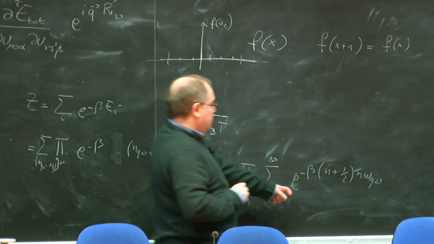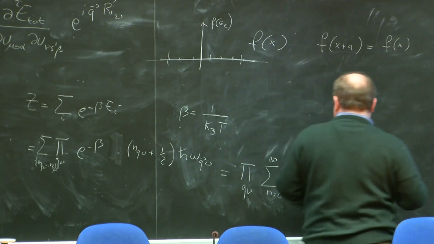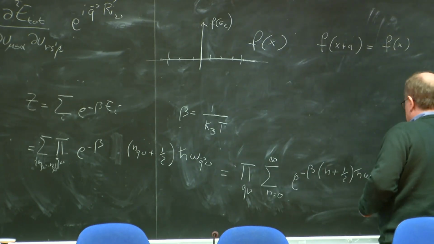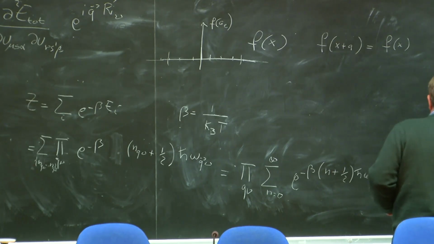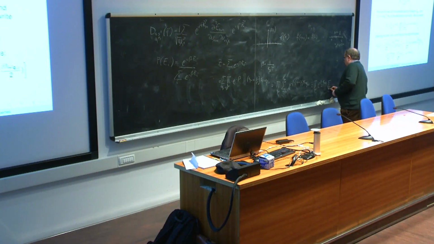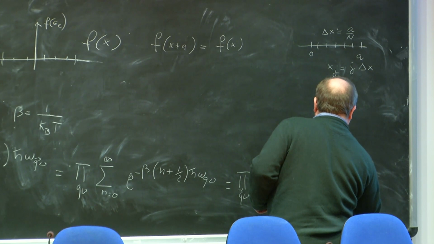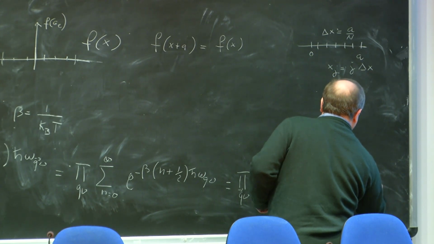And so this is a geometric series. So we can say that this is the product over Q and ν of e to the minus beta divided by 2 ħω, and then the sum over n from 0 to infinity of e to the minus beta n ħω_Qν.